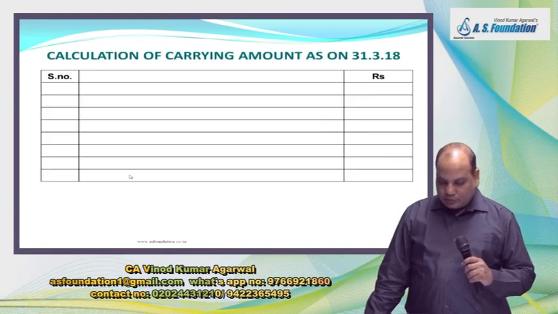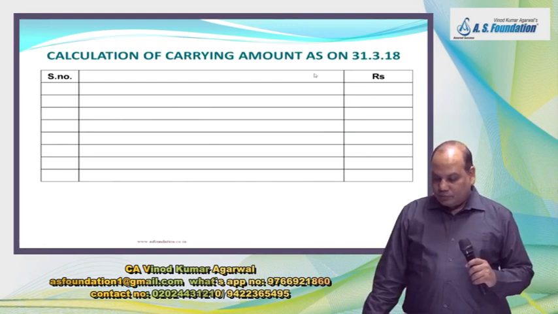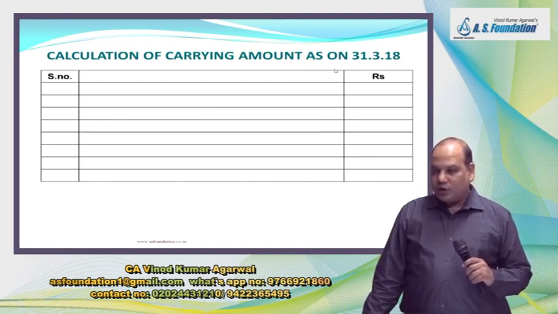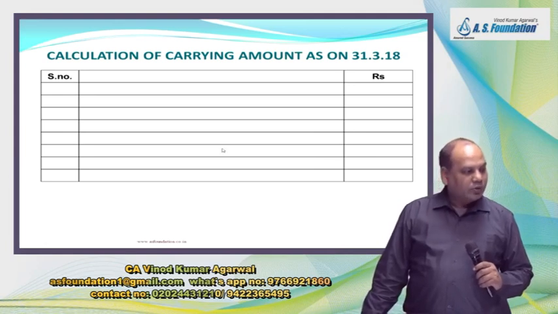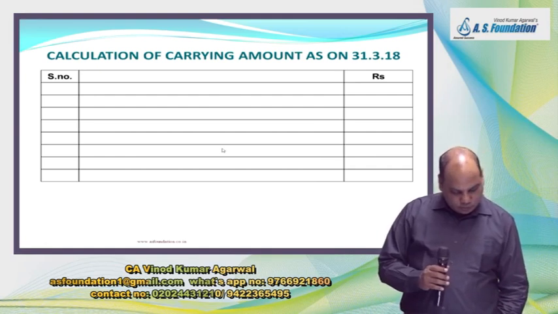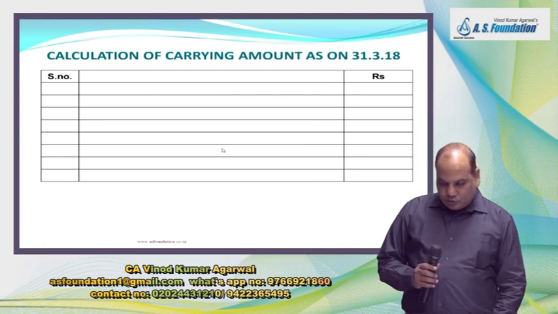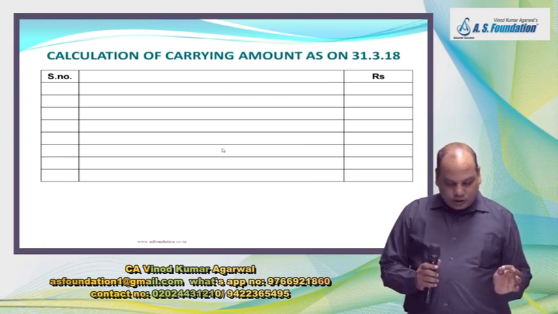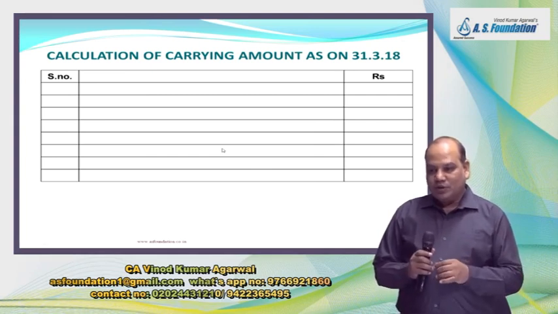Let us write down some discussion. First write down carrying amount as on 31st March 18. You can write in one line also: 10 lakh minus 12%, minus 12%, 2 times.